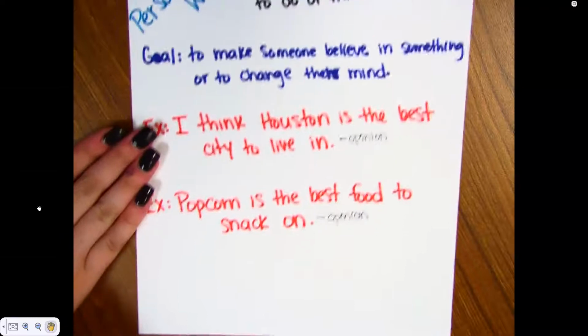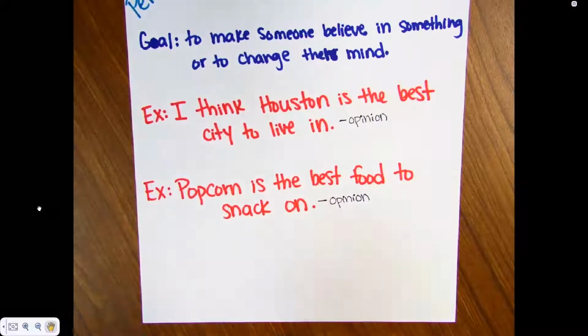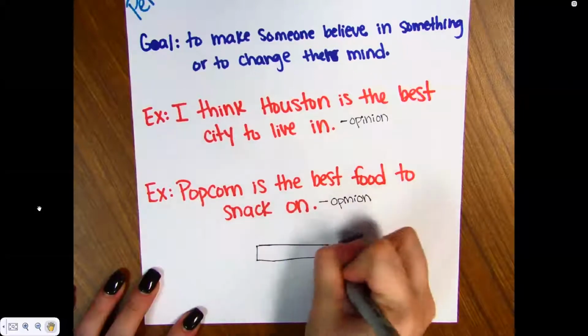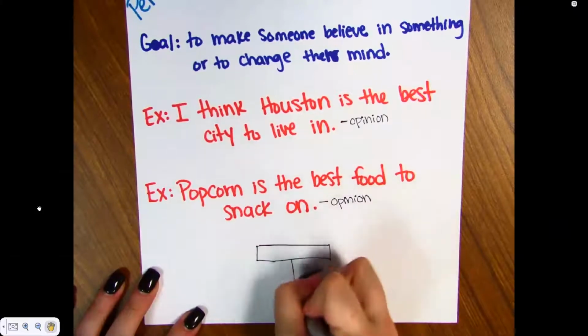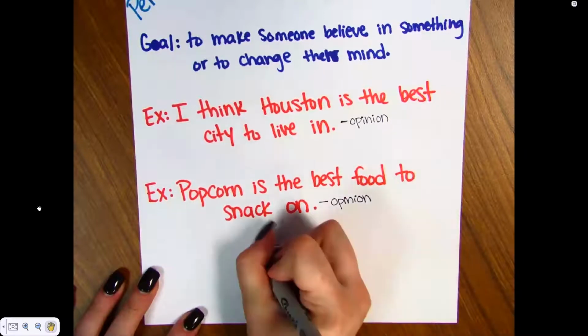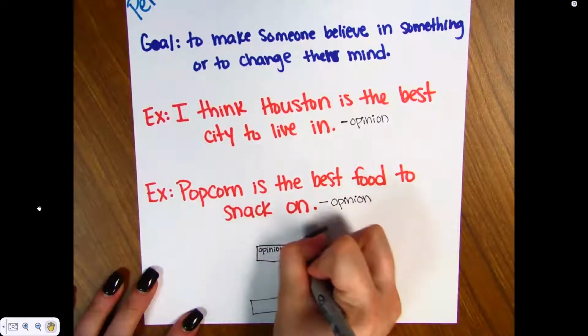So we'll actually be using, I'm just going to show you, we're not going to make eye charts today, but we'll actually be using eye charts to do this, okay? So we'll be doing the same thing. So we'll put our opinion statement up at the top, just like we did our topic sentence.